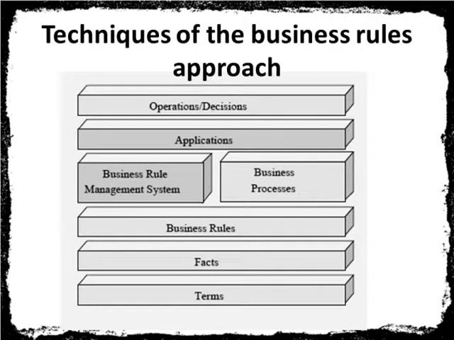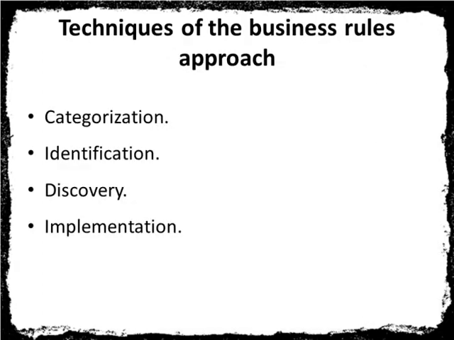Once the business rules are formulated, they can be grouped and introduced into the business rule management system. And along with the business processes, they set the ground so that the application can be formed and implemented, so that the business can start making operations and making decisions and function normally.